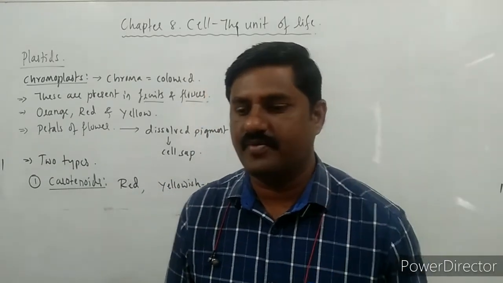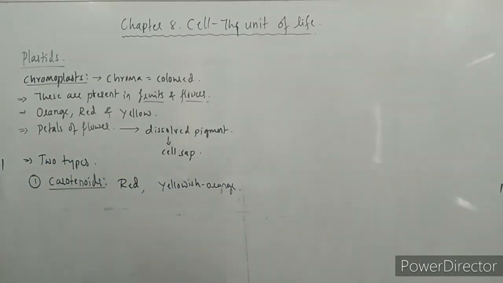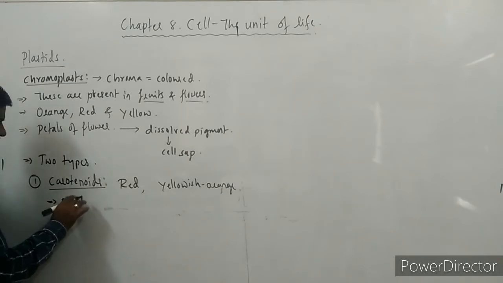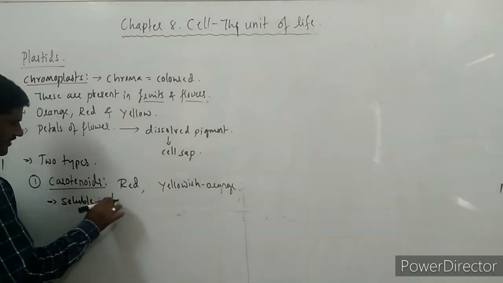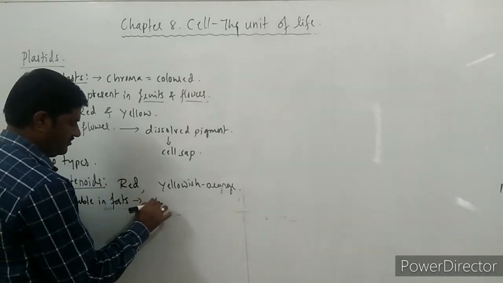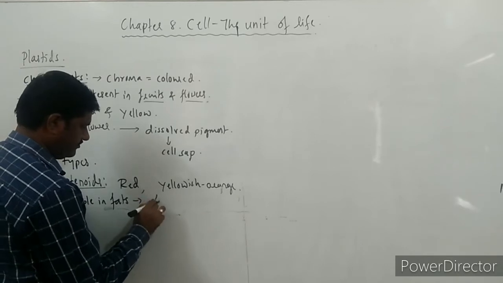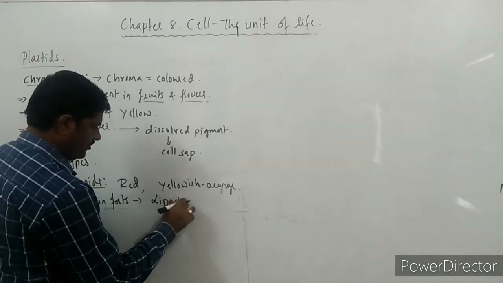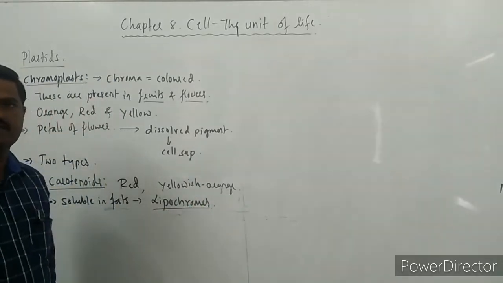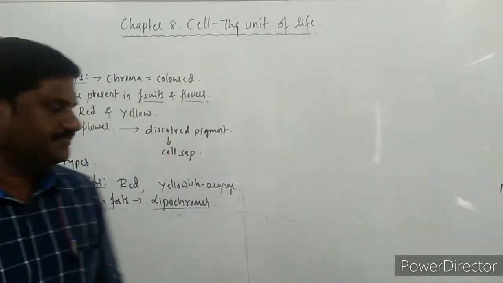These pigments are usually soluble in fats, hence these are called lipochromes. These pigments are called lipochromes since they are soluble in fat, right?